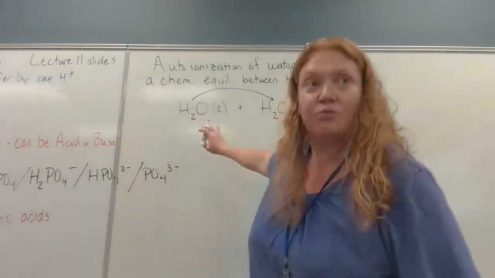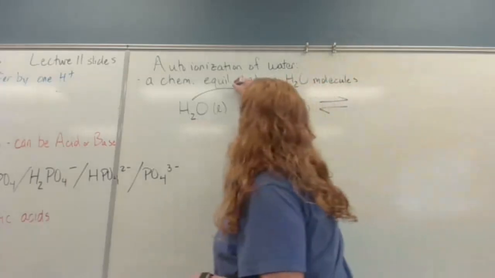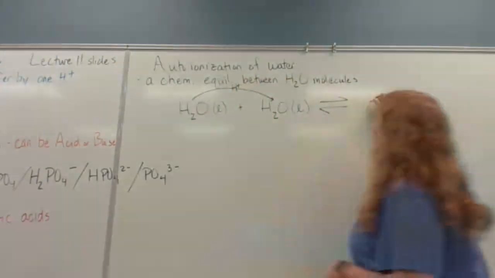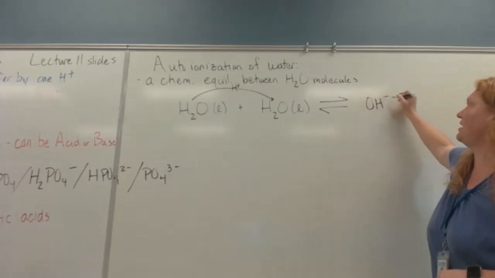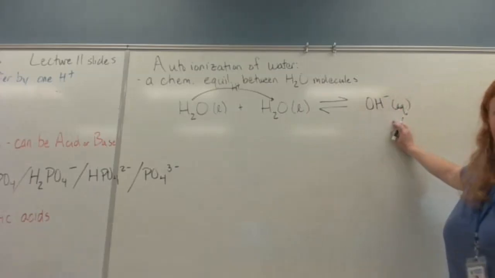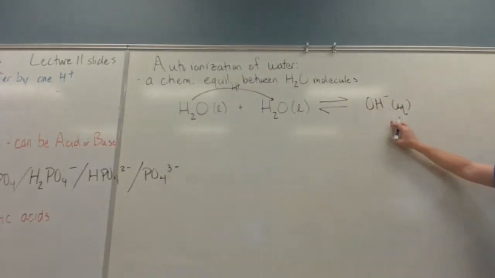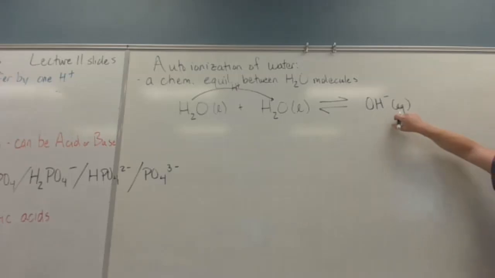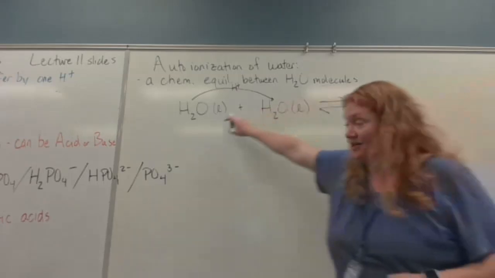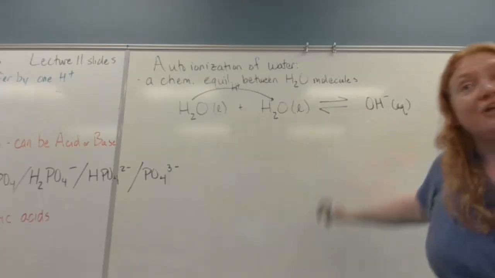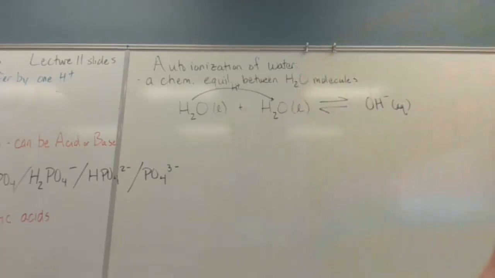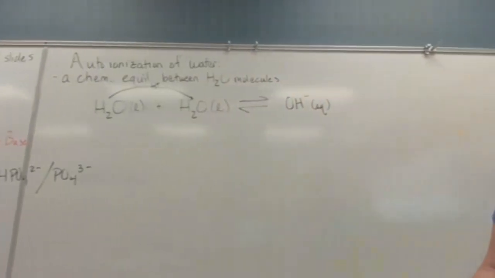A water molecule that gives away an H plus becomes what? OH minus, the hydroxide ion. Is that ion a pure liquid? No, that ion is an ion dissolved in water. It is aqueous. Water is a liquid. Its conjugates are aqueous. They're ions dissolved in the water.